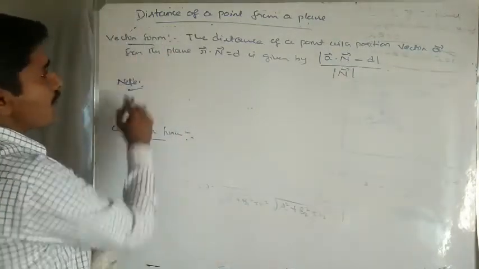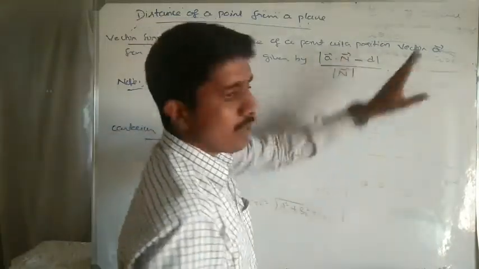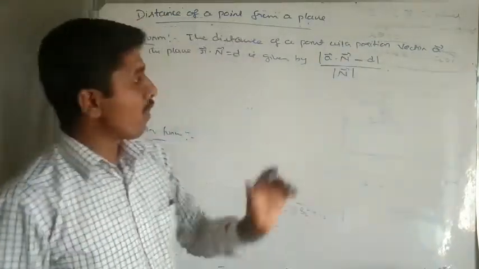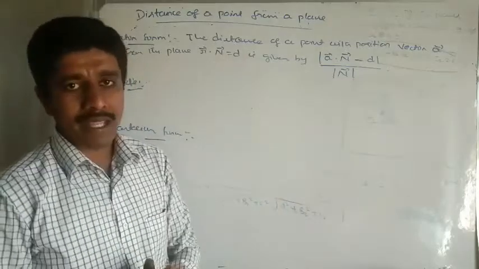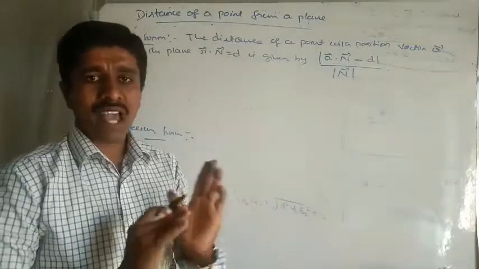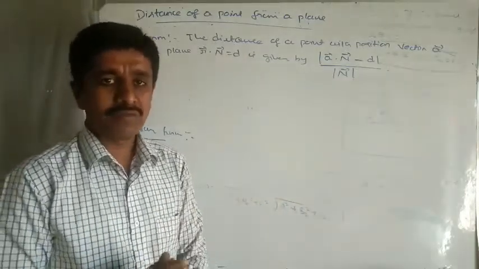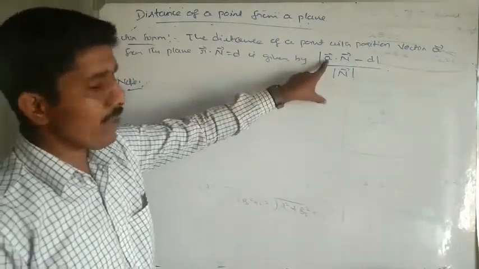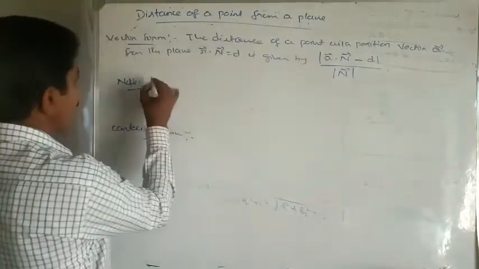And note, suppose we want the distance from the origin to the plane. At the origin, all coordinates are 0, correct. Then vector a becomes the 0 vector here.